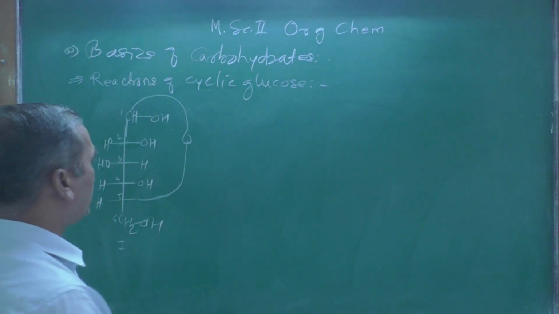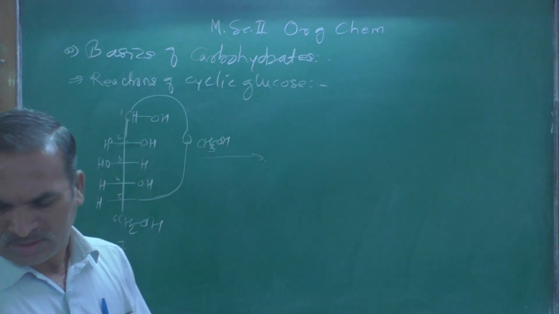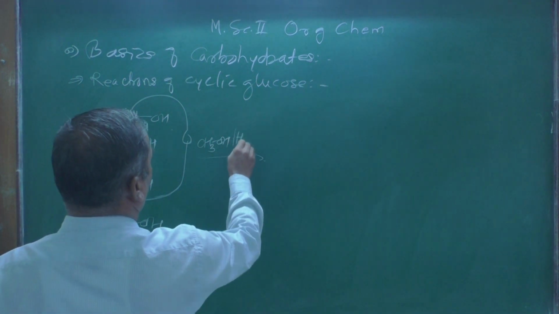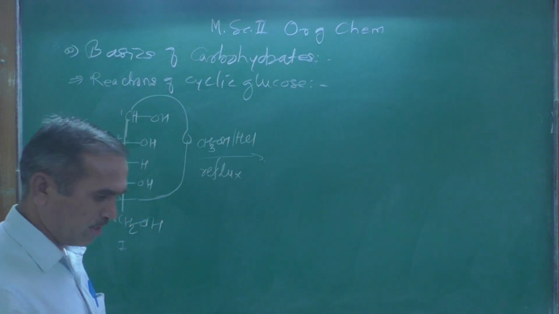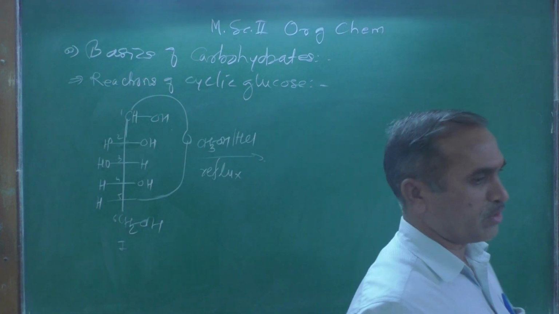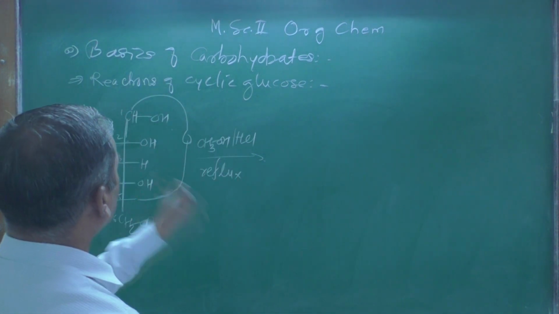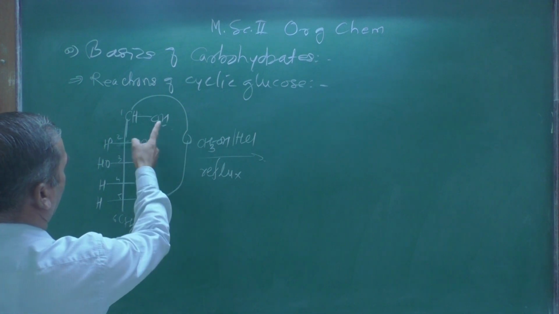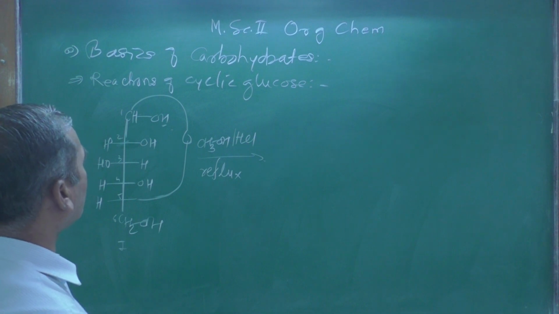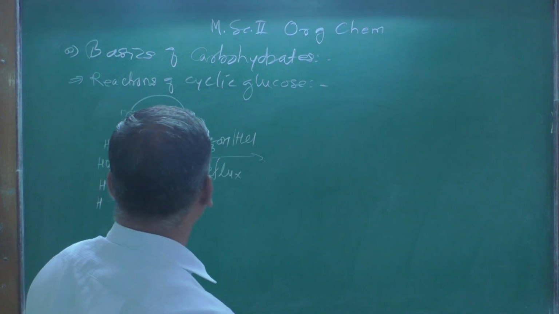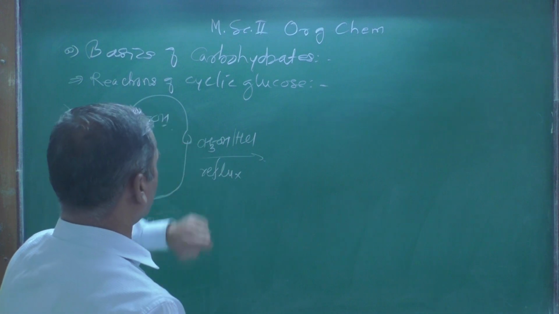When it is treated with methanol, CH3OH, in presence of an acidic medium, HCl, under reflux, which is a technique carried out at the boiling point, it selectively replaces the hydrogen atom of the anomeric hydroxyl group by a methyl group.